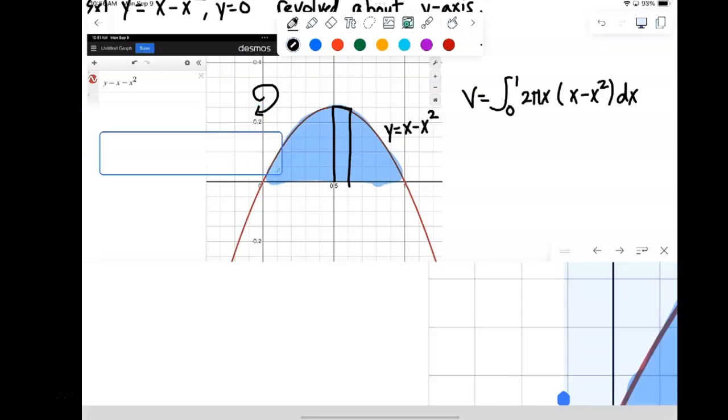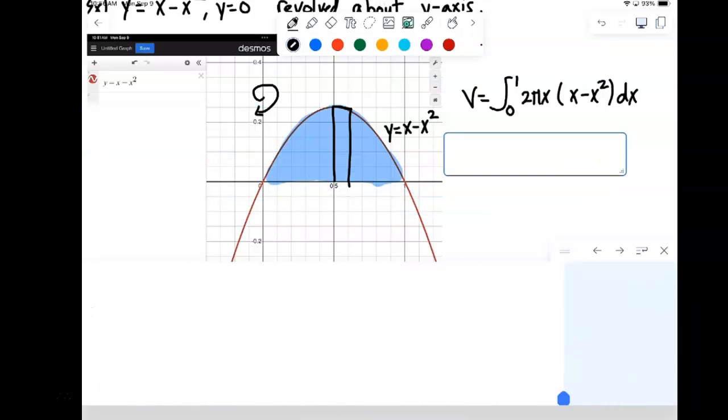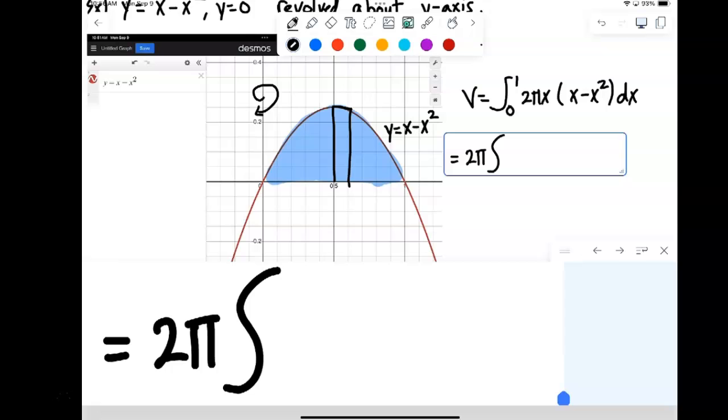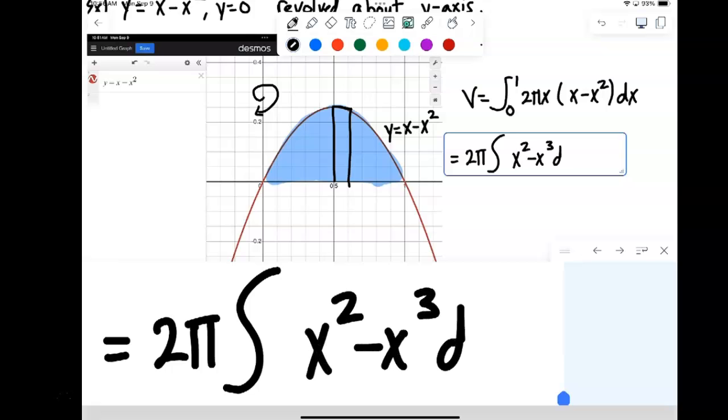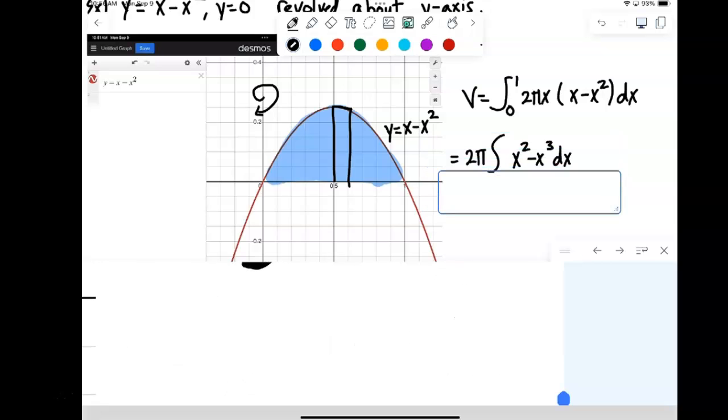All right, and then we just start to work out our integral. After this point, it's pretty straightforward. So we bring 2 pi out, integral of x squared minus x cubed, dx. 2 pi outside, and we do our integral.